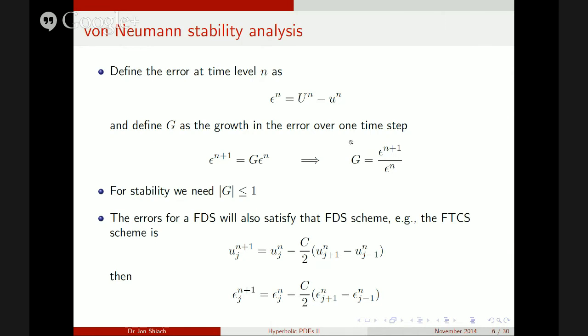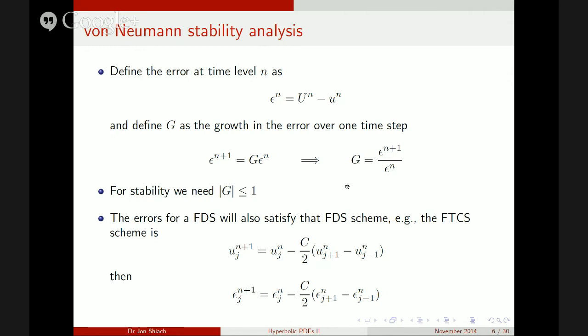With a simple rearrangement, I can calculate g as the error at the n+1 time step divided by the error at the nth time step. For stability, we need that value of g to be less than 1. If g is greater than 1, the error at the next time step has grown, and the error at the time step after that has grown still. Eventually, after a few time steps, the errors are so big that your scheme is unstable. So we need our value of the amplification to be less than 1.